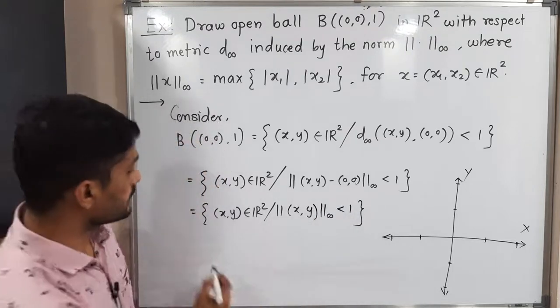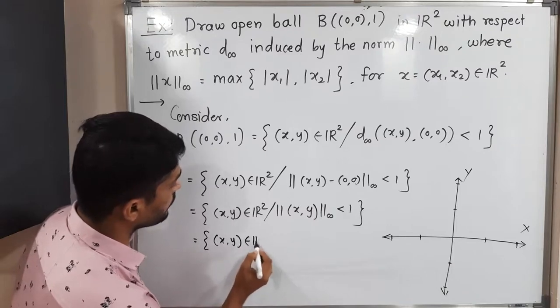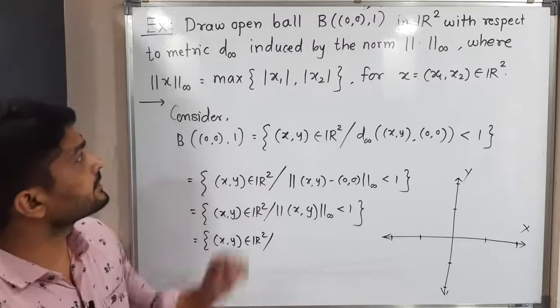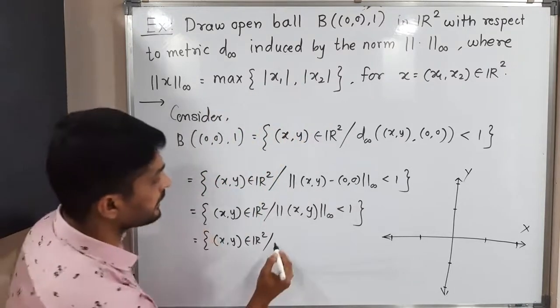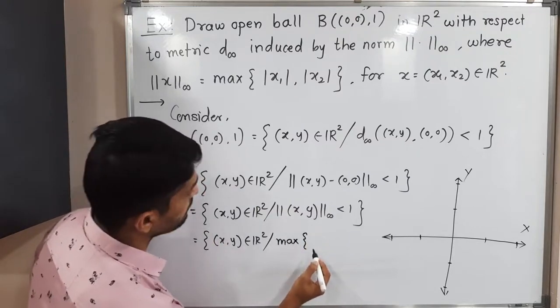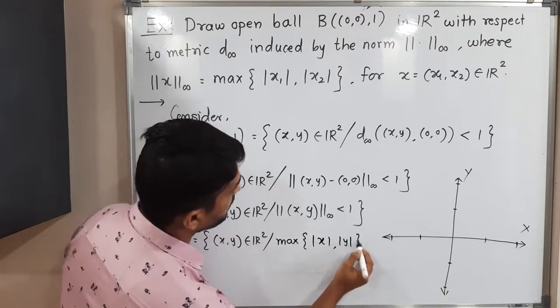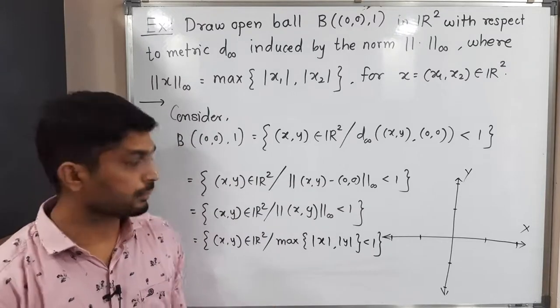So this is equal to (x, y) belonging to R2. Let us follow the definition of norm infinity. It says maximum of mod x1 comma mod x2. That means I can write this as maximum of mod x comma mod y less than 1. So what will be the maximum?